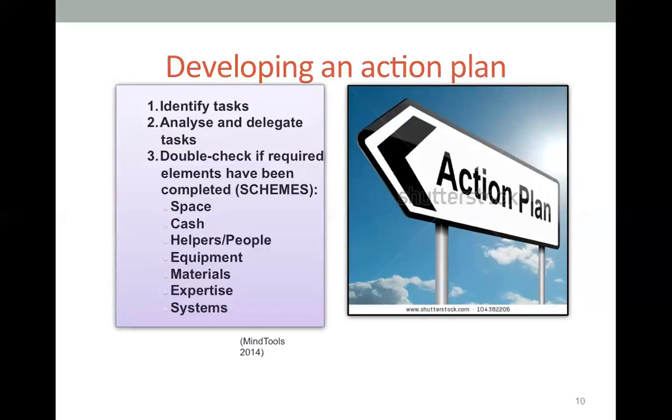Some scholars suggest the acronym SCHEMES, which is about space, cash, helpers or people, equipment, materials, expertise, and systems. They are the elements that we need in order to develop the action plan. A bit of reminders for us. That's the reason why we also need to include the person in charge and also resources when we develop an action plan.